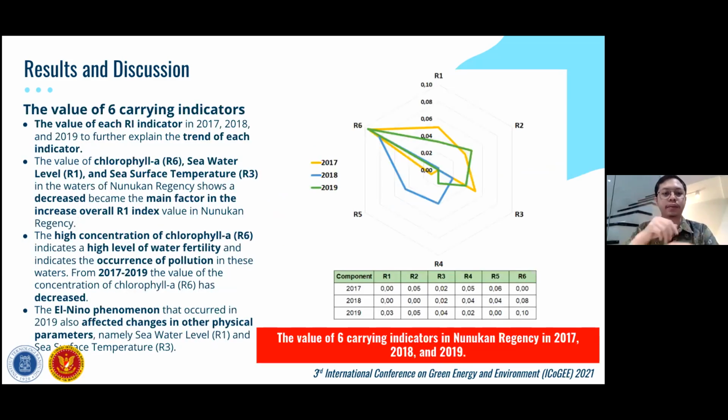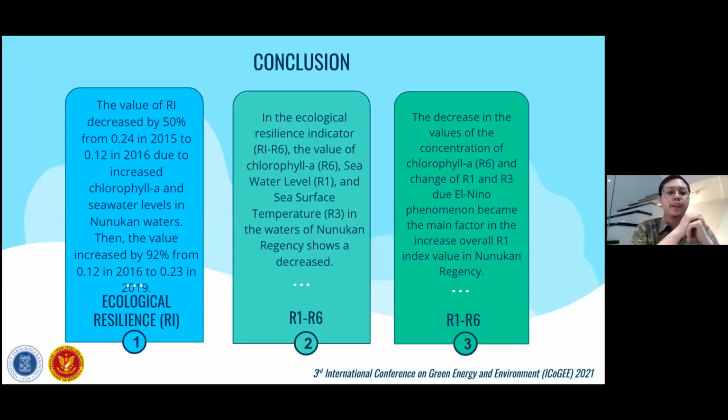And here we see that we found a component which has decreased, because there's an effect of the El Nino phenomenon that occurred in 2018, which also affected changes in other physical parameters. And here's the conclusion. We know that the value of RI decreased by 50% due to an increase in chlorophyll A, which is affected by the fisheries.